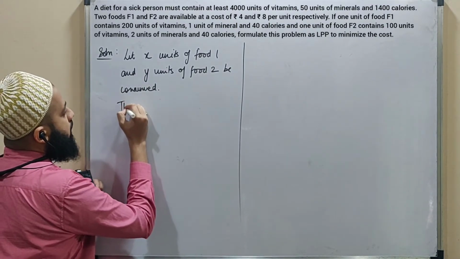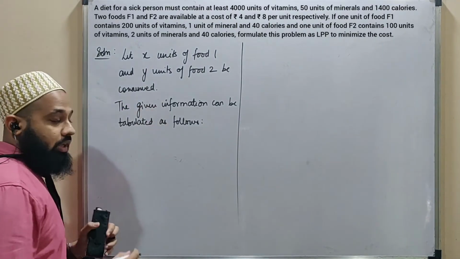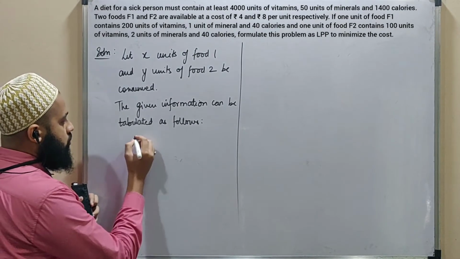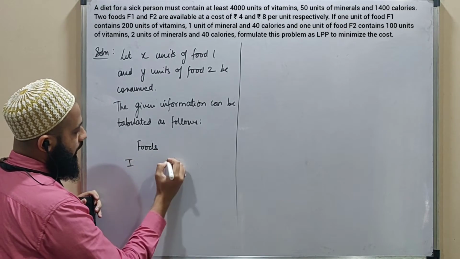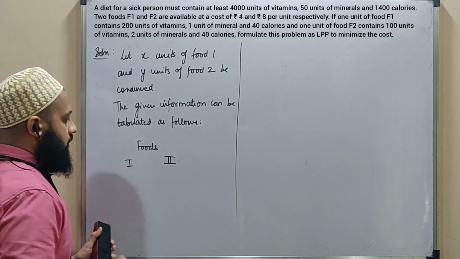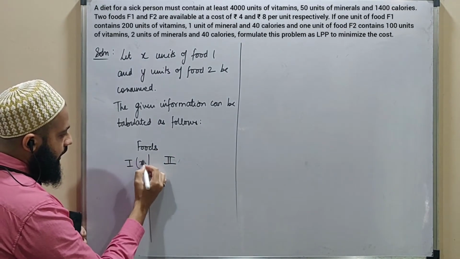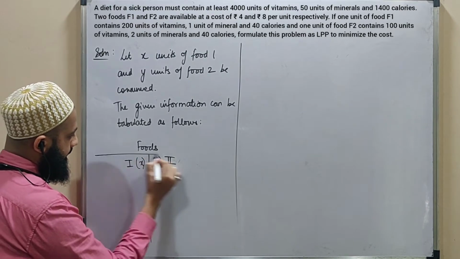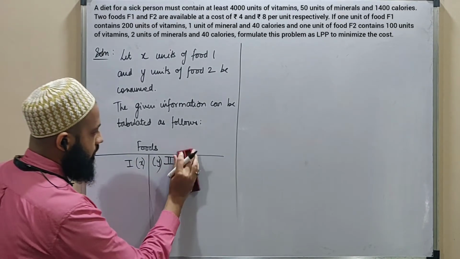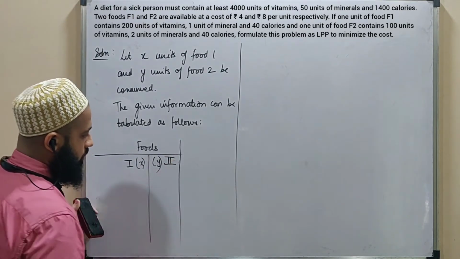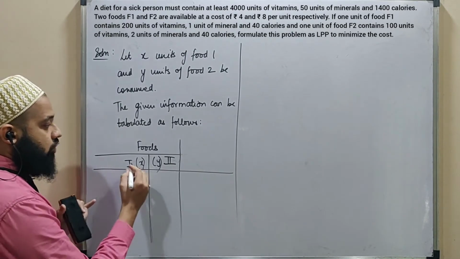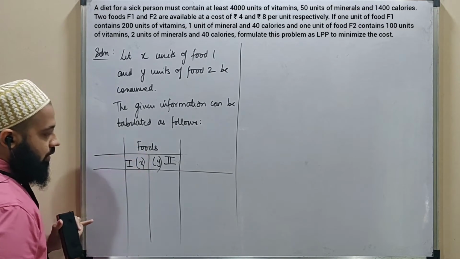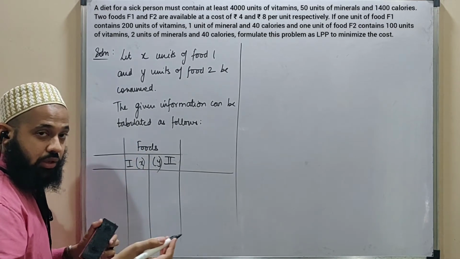Now I can tabulate the given information. We are talking about X and Y, food 1 and 2. So that's what we'll write here as foods 1 and 2. And this is going to be X, this is going to be your Y. Each of these contains vitamins, minerals and calories.